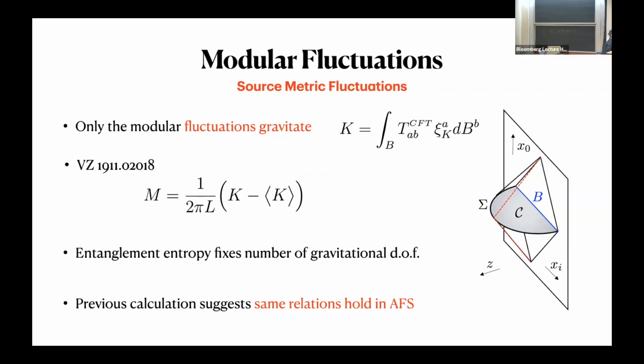What is the physical meaning of the modular fluctuations? In the absence of gravity, I don't think entanglement entropy has physical significance. I don't think it's an observable.